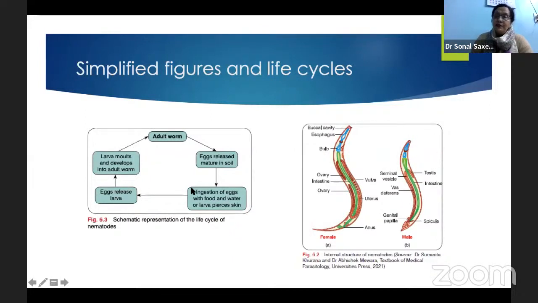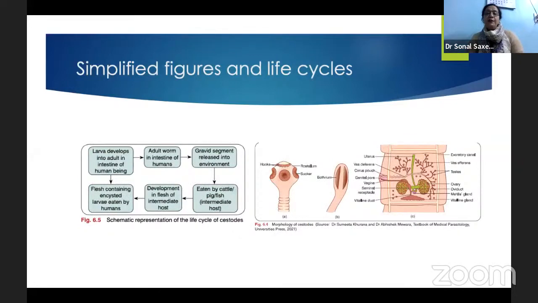So here in this basic chapter, you find a schematic representation of the life cycle of the whole of nematodes. Similarly, you will find for the whole of cestodes some basic points about their structure, and then the basic framework around which the individual life cycles, which are explained later on, get built.